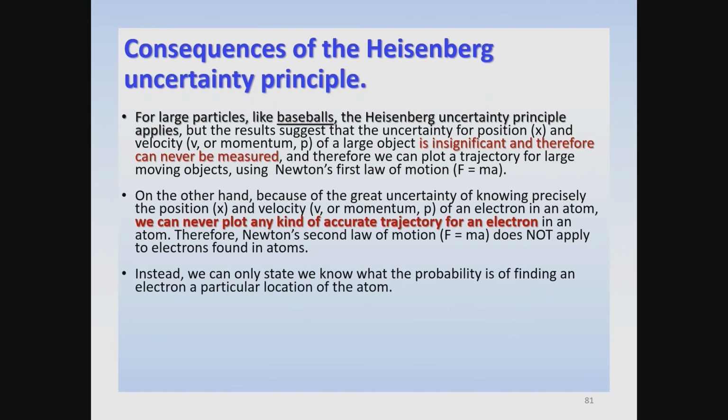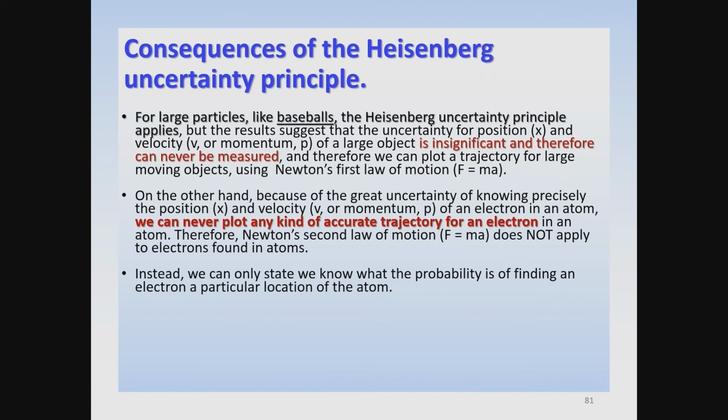It suggests that the baseball can be found in multiple places or at multiple speeds at the same time, but those places and speeds are so extremely close to one another that you could never see the difference in that range. And so for all intents and purposes, we can describe the motion of objects like baseballs, or larger objects like planets, with the classical laws of motion, like force equals mass times acceleration.